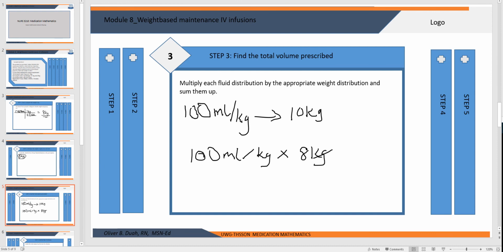Kilogram will cancel kilogram, and what we have is 800 mL. So this completes step 3.